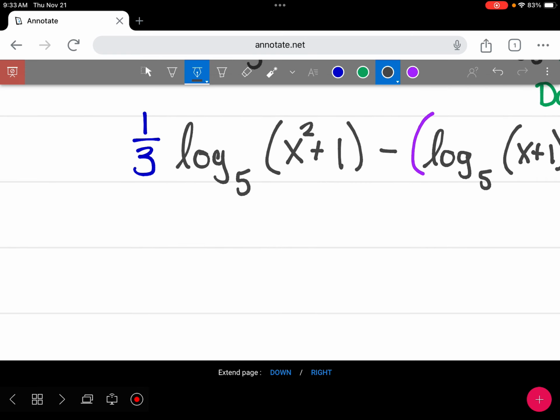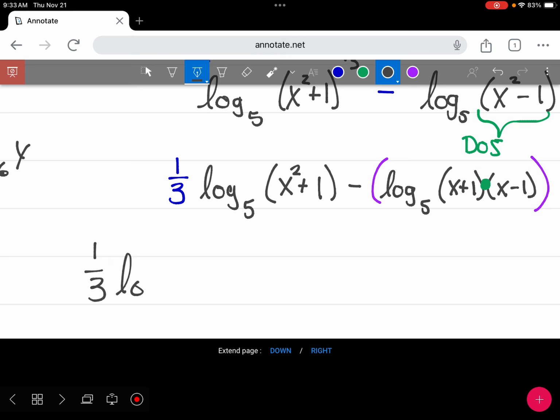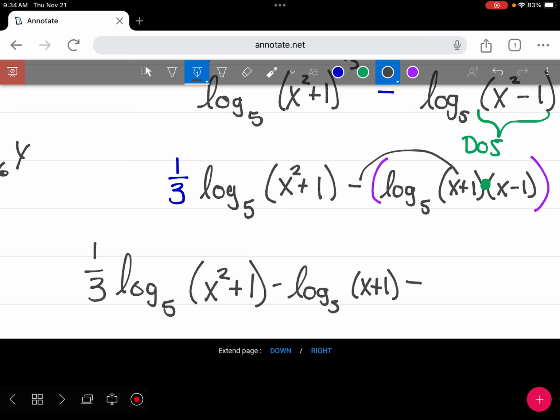We're going to have our 1/3 log base 5 of the x squared plus 1. That one we cannot simplify. We're not putting it into imaginaries. We're going to have our log base 5 of x plus 1. We're having our product after our subtraction, so it's also going to be minus our log base 5 of x minus 1.